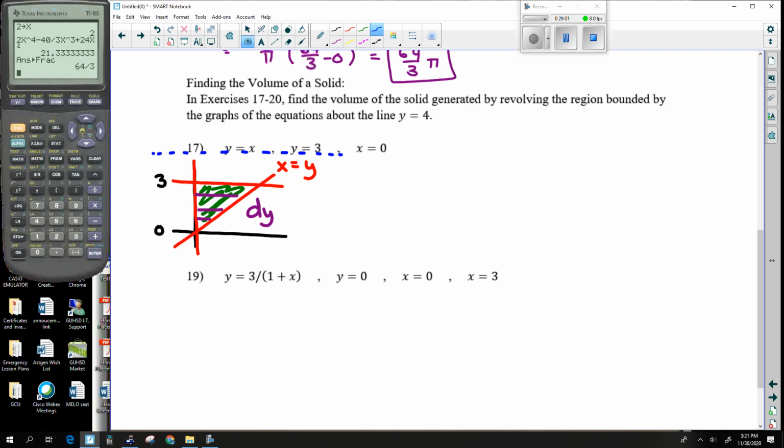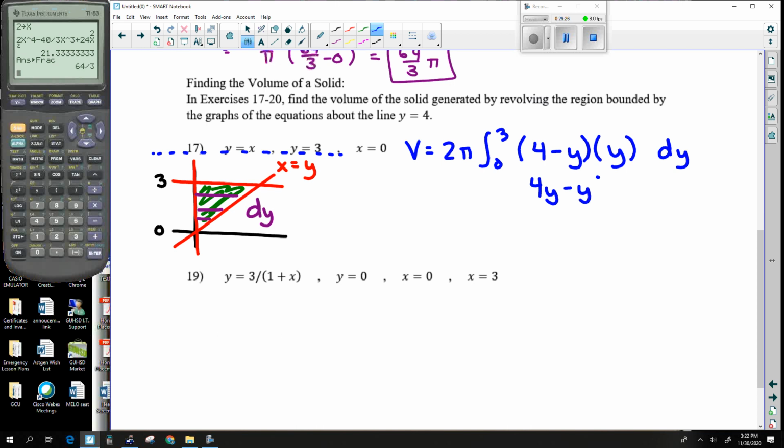So here we go. The volume in this situation is going to be 2 pi from 0 to 3 of 4 minus y, and the equation I have is y, dy. Okay, so this is 4y minus y squared from 0 to 3.